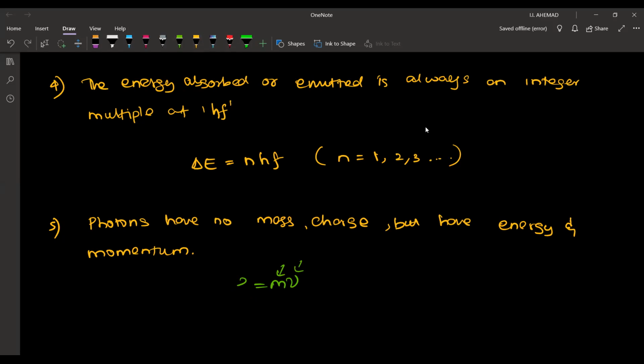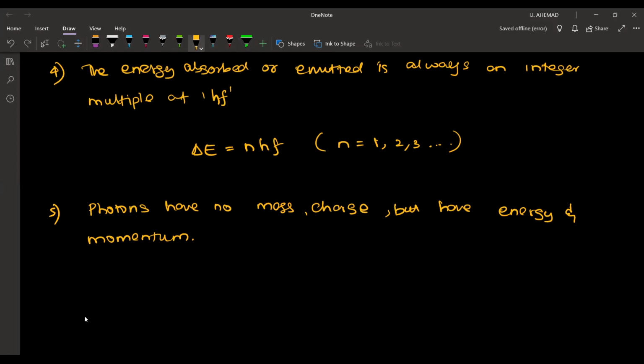So this is not the equation for the momentum of a photon. Once you have copied, let me know.